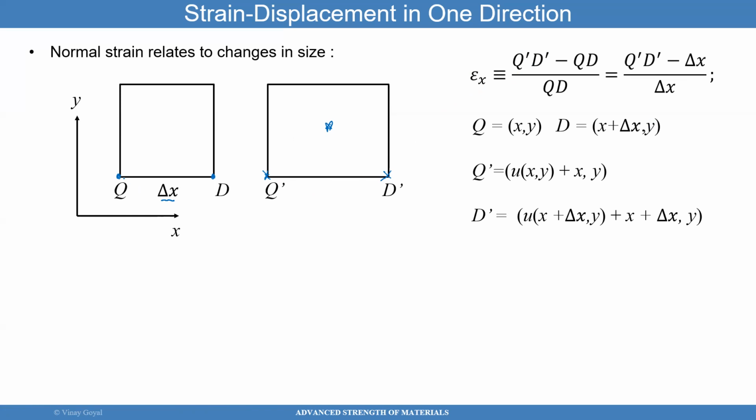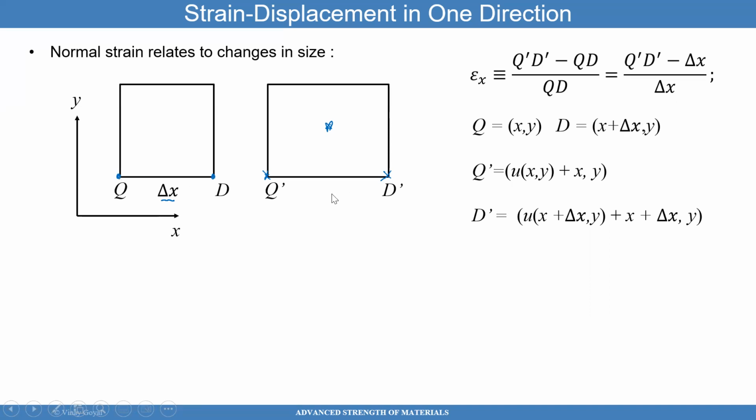For example, Q, that coordinate Q that you see there, the coordinate for point Q, can be calculated. The coordinate for Q, let's say arbitrarily, is X, Y. So I'll call this coordinate here Q, X Y. So then therefore D has to be X plus delta X in the X coordinate.